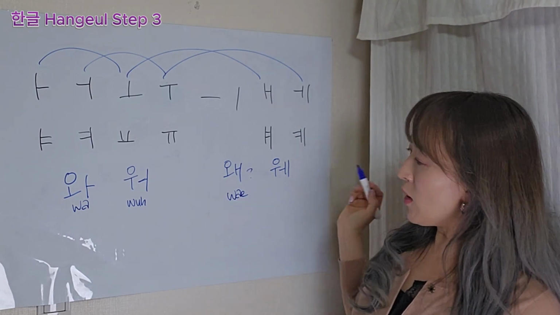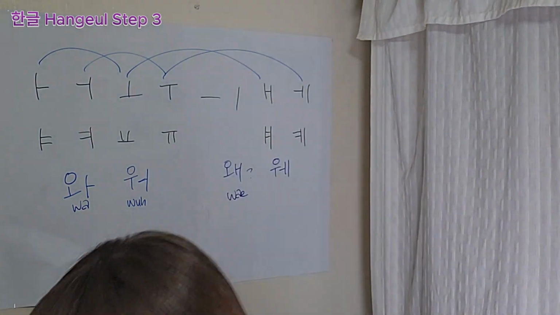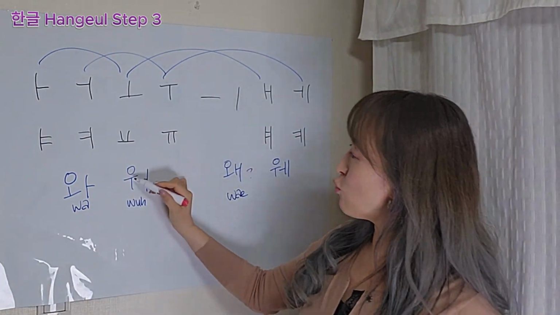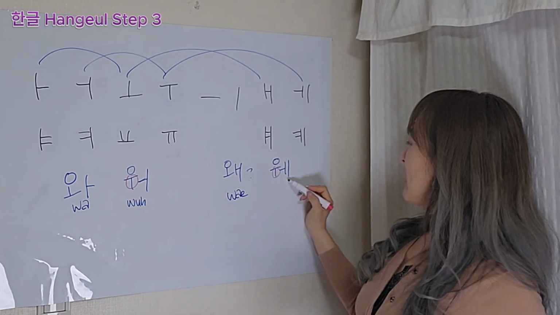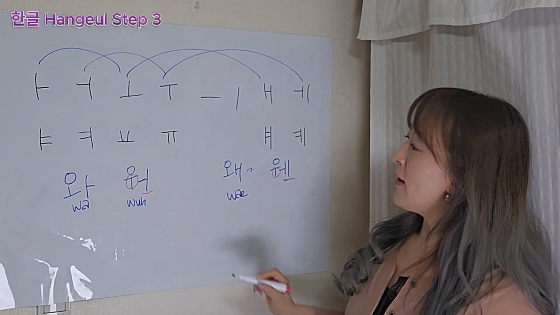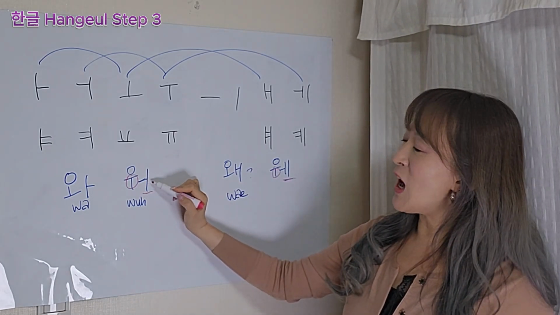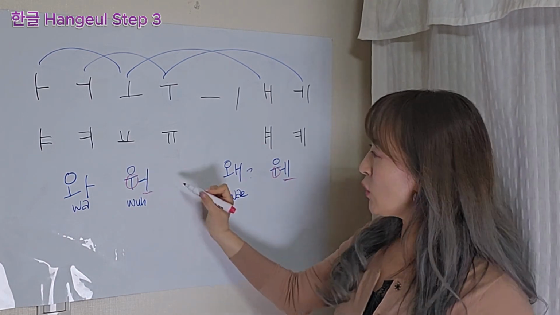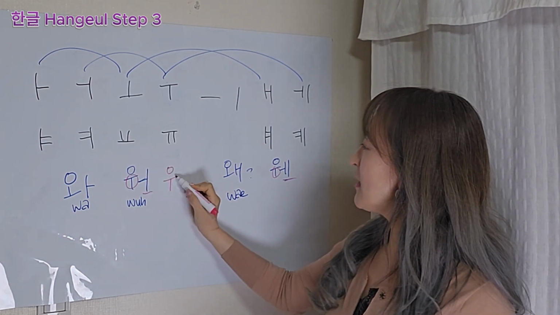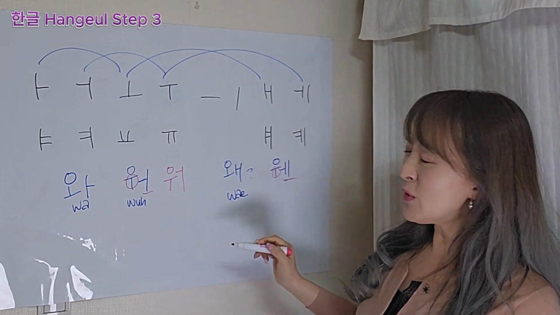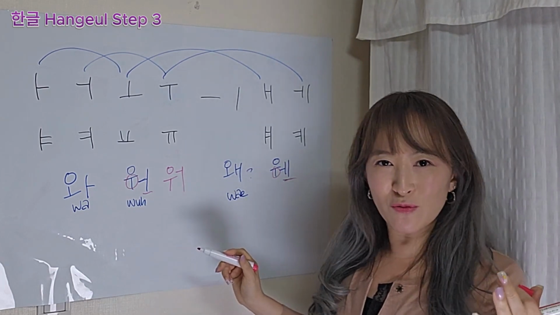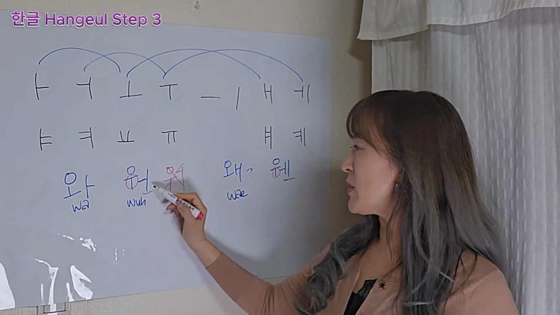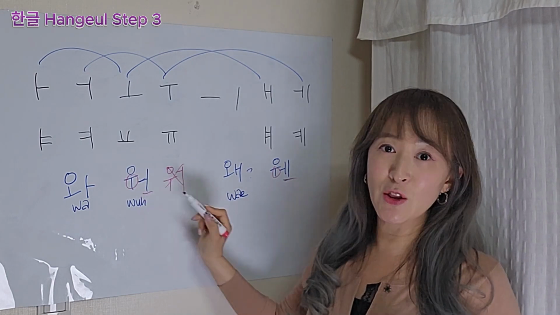Okay, so another thing, if you notice, is here, whenever you have u and another vowel, this last vowel goes kind of underneath the U. So if you write this way, the people will know how to read it, but this is not the correct way. So this all should go underneath the U.